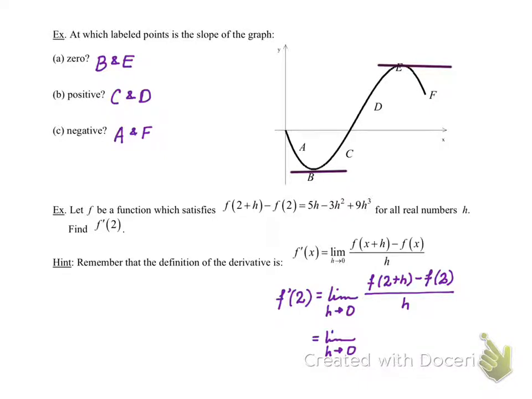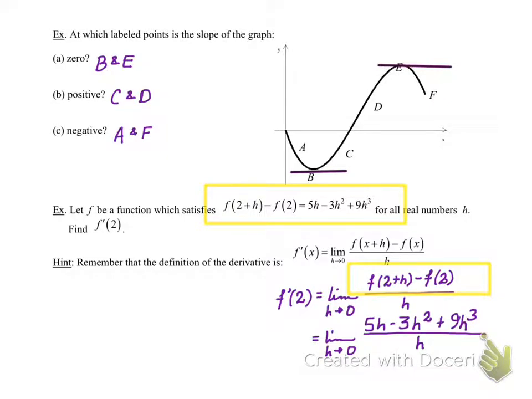Now I have this weird piece of information up here, and I'm going to replace this whole expression with that. So instead of the stuff in the numerator, I'm going to write 5h minus 3h squared plus 9h cubed.